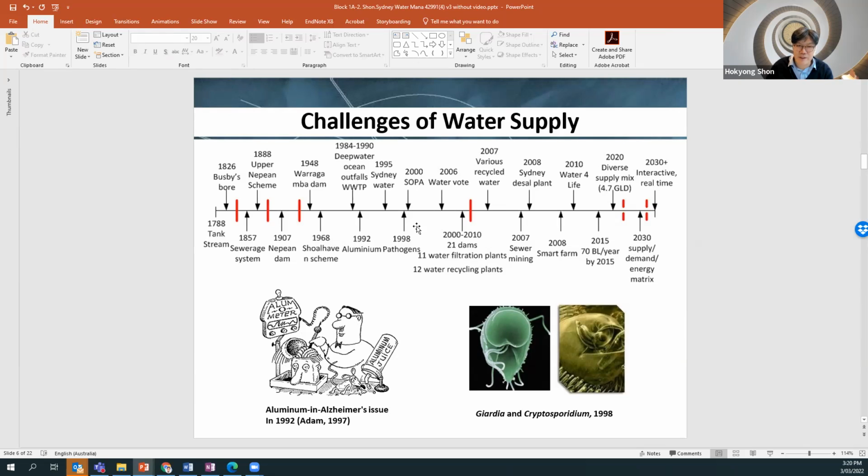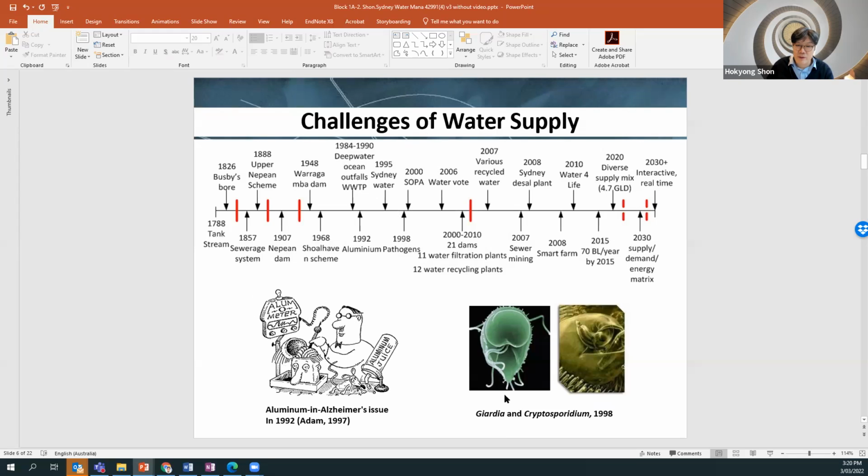After several years, other people investigated, and they found out alum does not affect Alzheimer's disease. So at the time it was wrong information, but people very much worried about alum, so it was stopped. And there are still a lot of water treatment plants that utilize the iron coagulant.